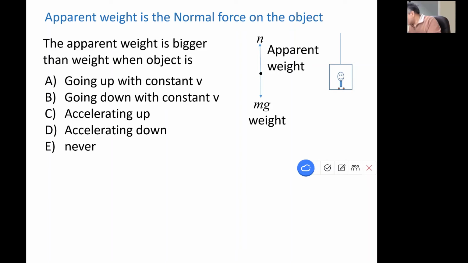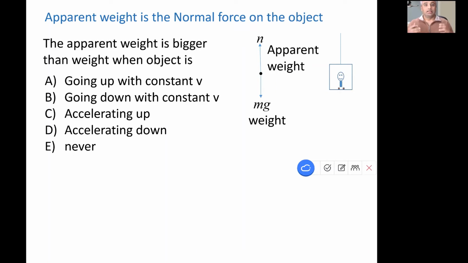But if it is accelerating, what happens? Just like we saw, tension becomes larger or smaller. When the elevator is accelerating up or down, tension can be larger or smaller, and tension wasn't equal to mg, was it? It wasn't. Similarly, normal force can be larger or smaller than mg.